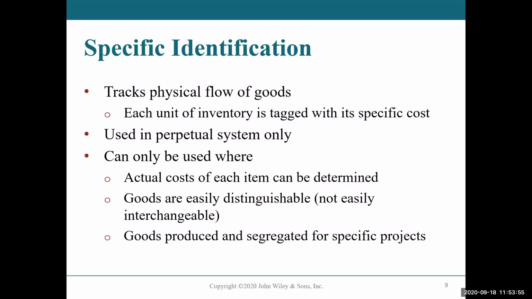Each of those items costs differently and is going to sell differently. That is where specific identification will be a great inventory tool to use. But it has to be very specific in those instances. It does require a lot of time and effort to track them because this is real time and it tracks each item on its own.